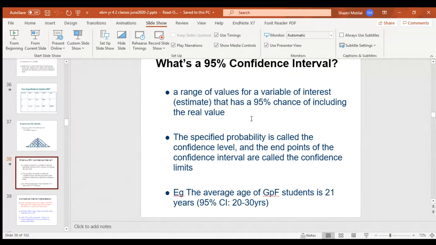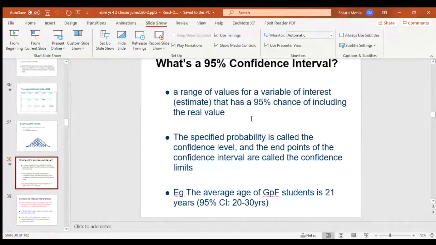And I'll try to give a somewhat silly example here relating to you guys, Group F, class of 2022. I could say I'm not sure what the average age of Group F students is. Probably it's close to 20, 21. I know that is roughly the average age of most of you guys. But suppose I said the 95% confidence interval for the average age of Group F students is 20 to 30 years.